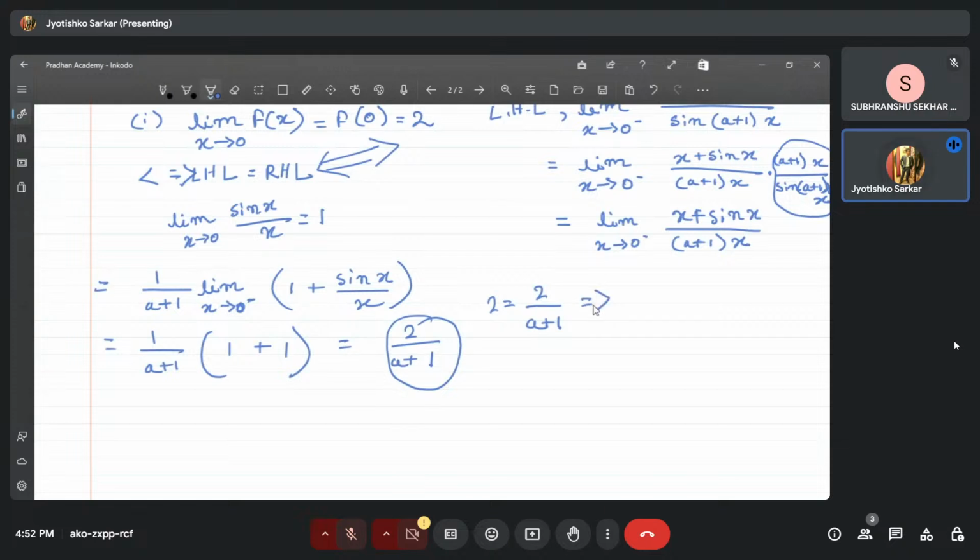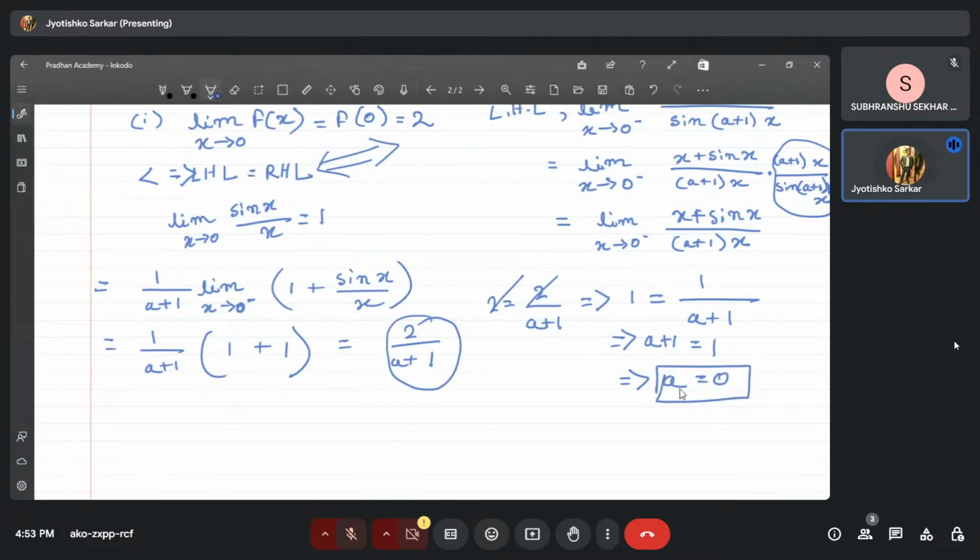So from this we can determine the value of a. Cancel, a plus 1. So a is 0. This is our value of a.